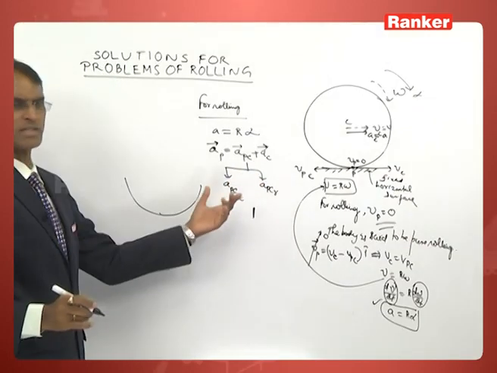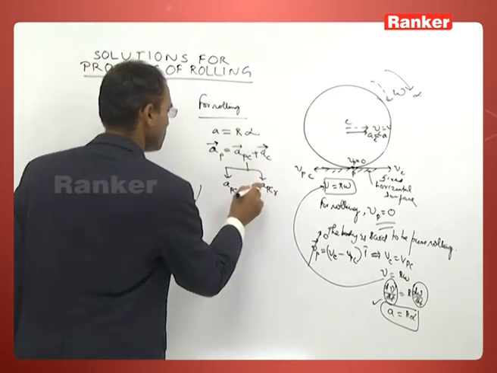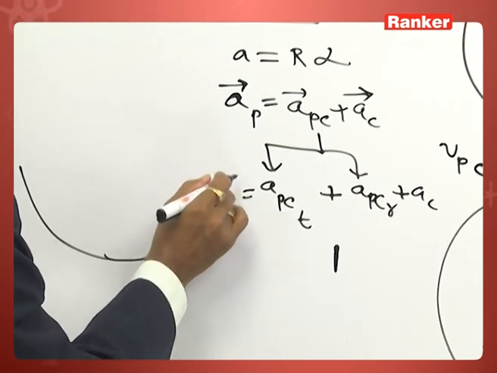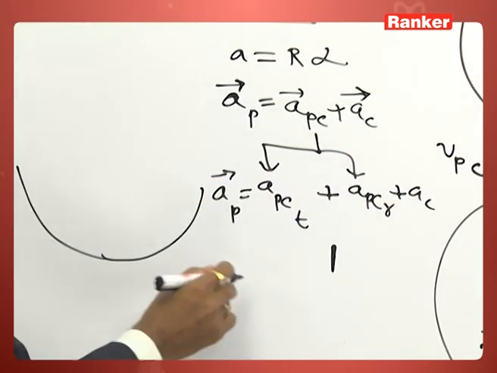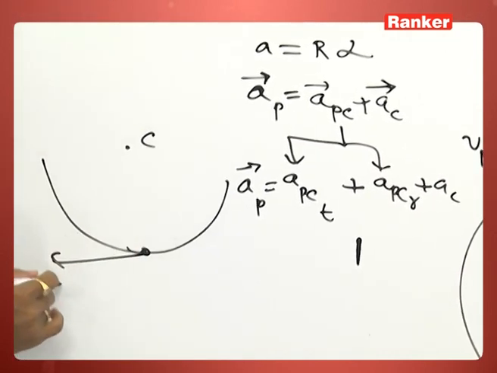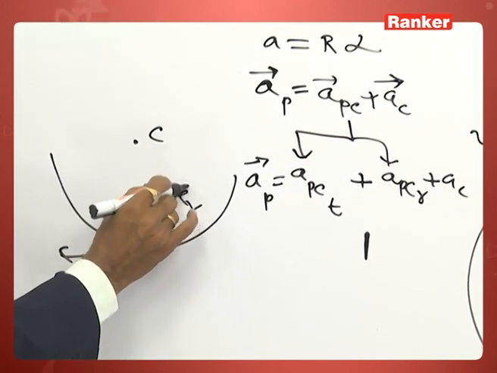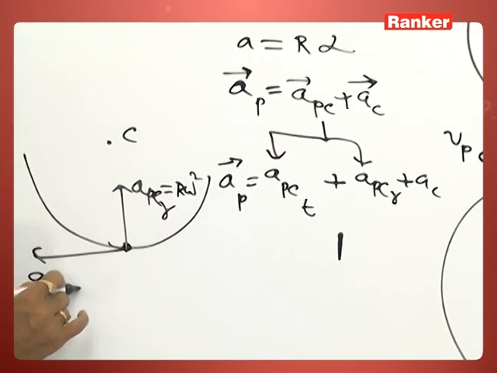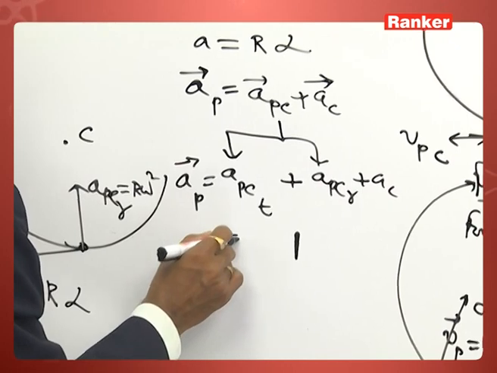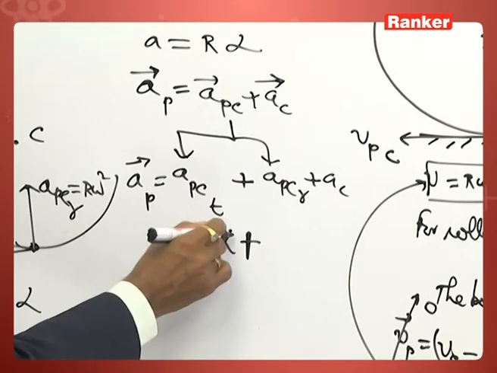We have discussed this in the kinematics of rolling, the last chapter, plus AC. This gives us acceleration of this point P with respect to ground. APC, this is the center of mass, APC tangential, this is APC radial. This is equal to r omega square. This is equal to r alpha. We have discussed about it already. APC tangential is r alpha, in which direction? Minus i cap.